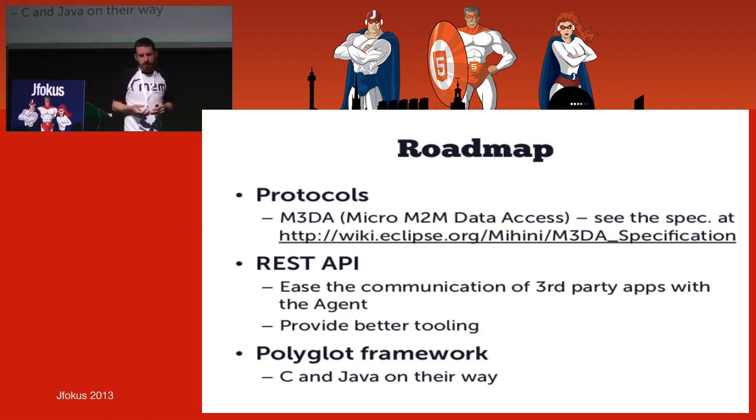What we have in mind is that these APIs will also expose the status of the agent. So when you develop and you have like 3 applications pushing data to the agent, in the tool, you will be able to see what's the actual content of the data, and is the MQTT protocol really the best protocol for this specific use case?